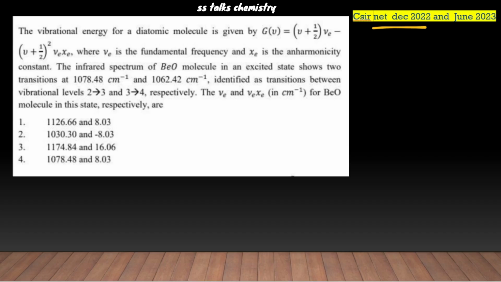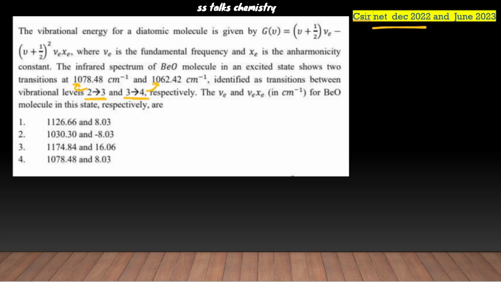The IR spectrum for the BeO molecule in the excited state shows two transitions at 1078.48 centimeter inverse and the other value given, identified as the transition between the levels. The transition is occurring from 2 to 3, giving this value, and from 3 to 4, this value.